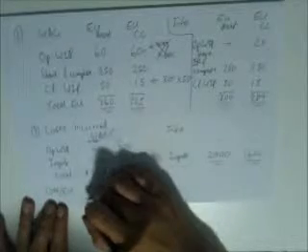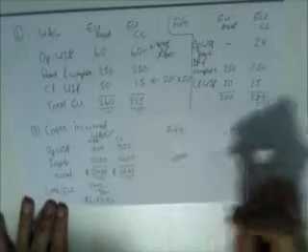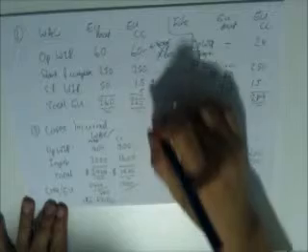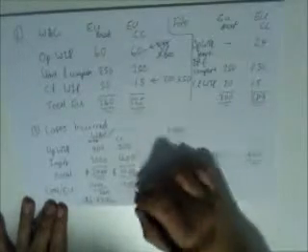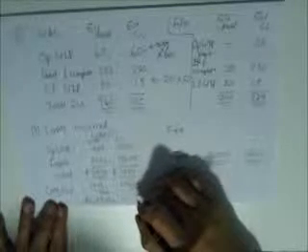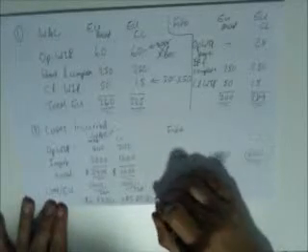You find that it is $6.67 per equivalent unit. Next one, conversion cost. My total conversion cost under weighted average is 1009. Total equivalent unit for conversion cost is 325. That works out to be $5.85 per equivalent unit.